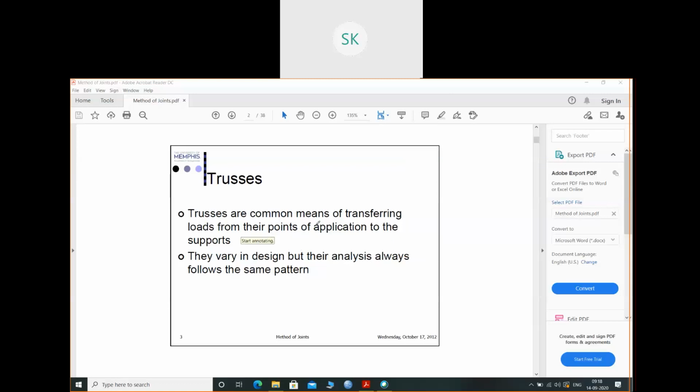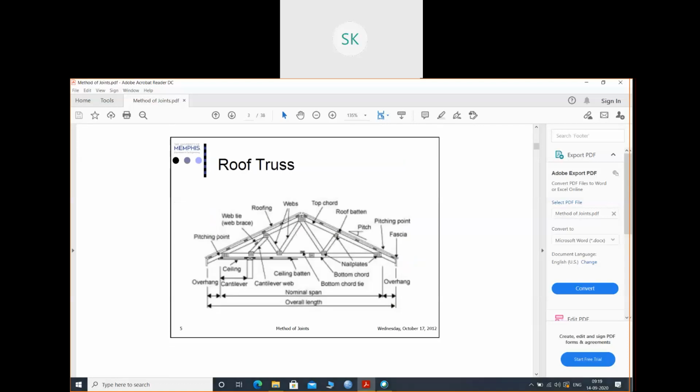So basically, trusses are common means of transferring loads from their points of application to the support, and they vary in design, but their analysis always follows the same pattern. You will see different types of trusses, but the analysis will always follow the same pattern. Say this is one bridge truss, this is one roof truss. These are different designs of truss, but the analysis will be the same.